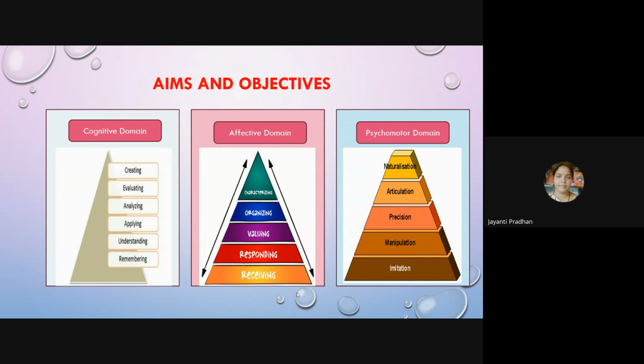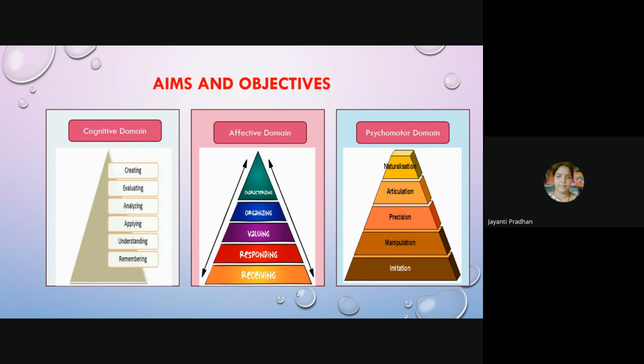Before that, we discussed the domains of development, that are 5 domains. Here, the domains are for defining the objectives. The objectives are formulated on the basis of Bloom's taxonomy or hierarchy of taxonomy maintained by Bloom in 3 domains, that is cognitive, affective, and psychomotor domain.